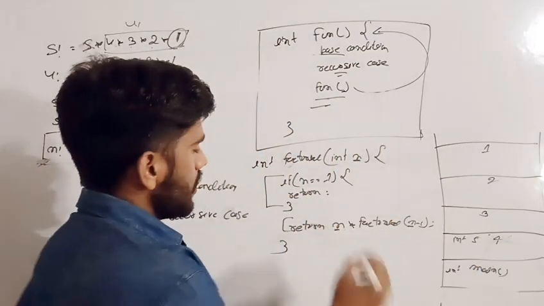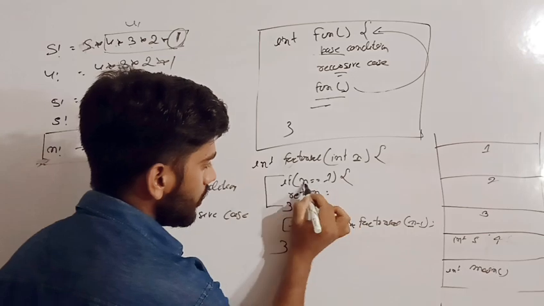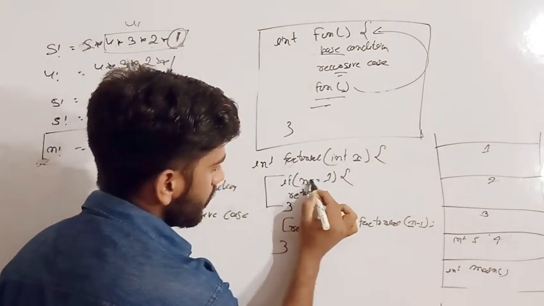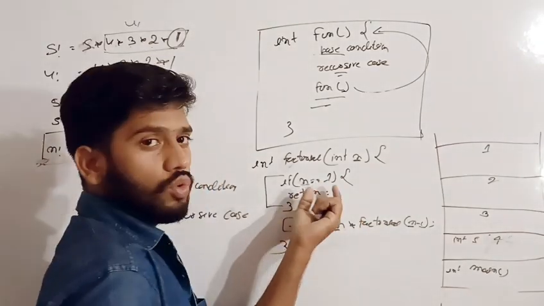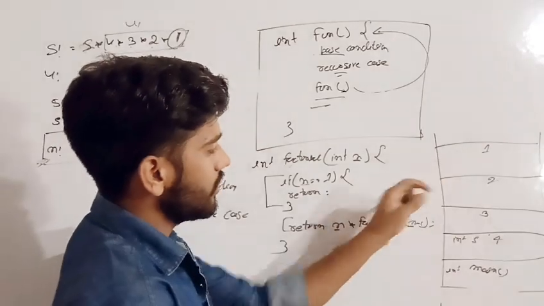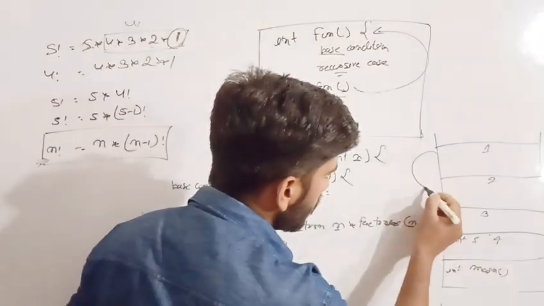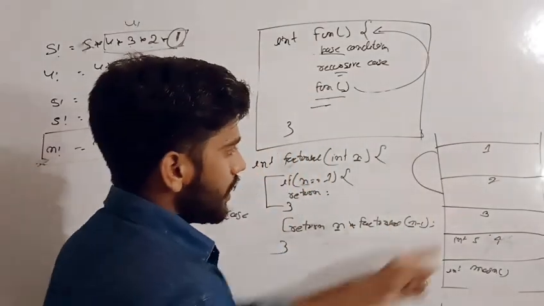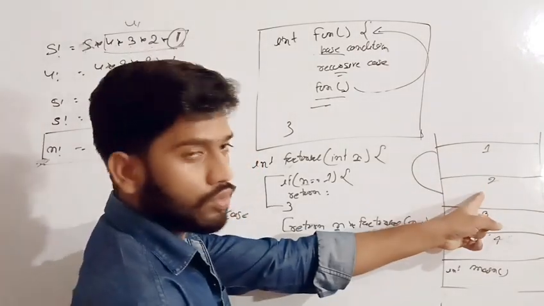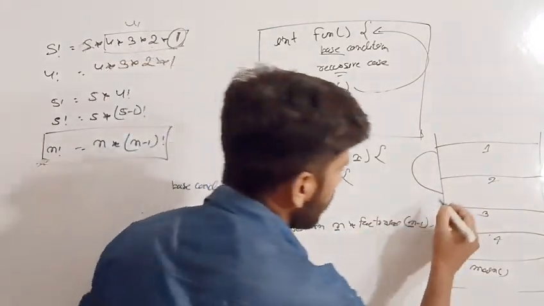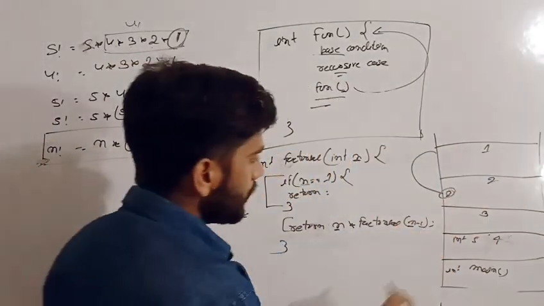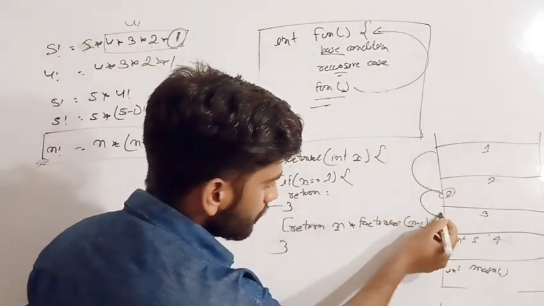Okay, now this is our condition: n is equal to 1, so we return 1. Then 1 into 2 means 2, and that will be returned here.